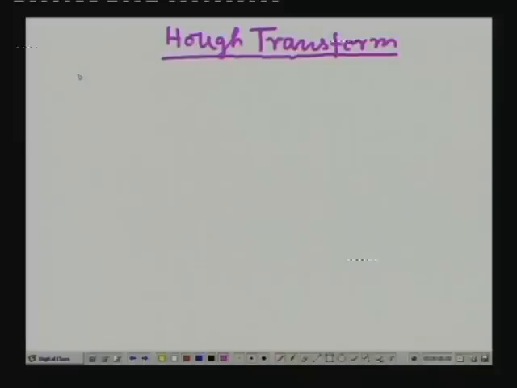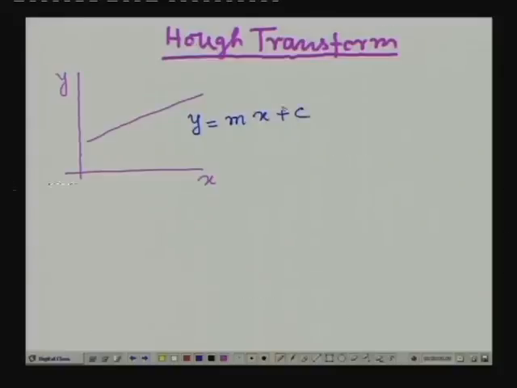So, let us take an example. Suppose I have this x y coordinate system and I have a single straight line in this x y coordinate system. And we know that in the slope intercept form, this straight line is described by an equation which is given by y is equal to m x plus c, where m is the slope of the straight line and c is the intercept value.